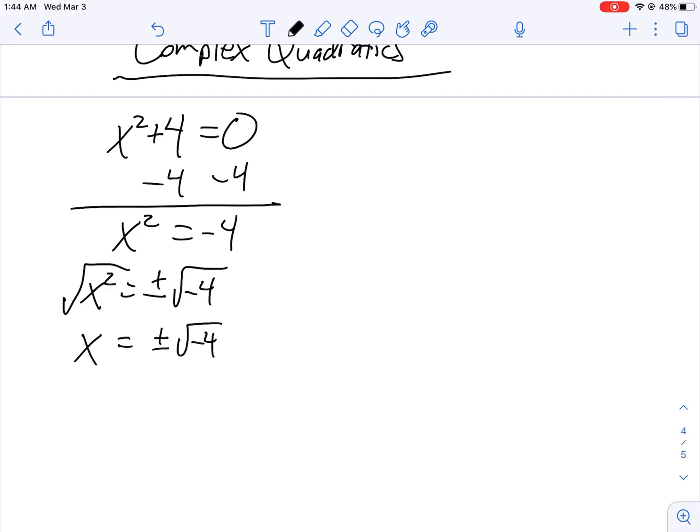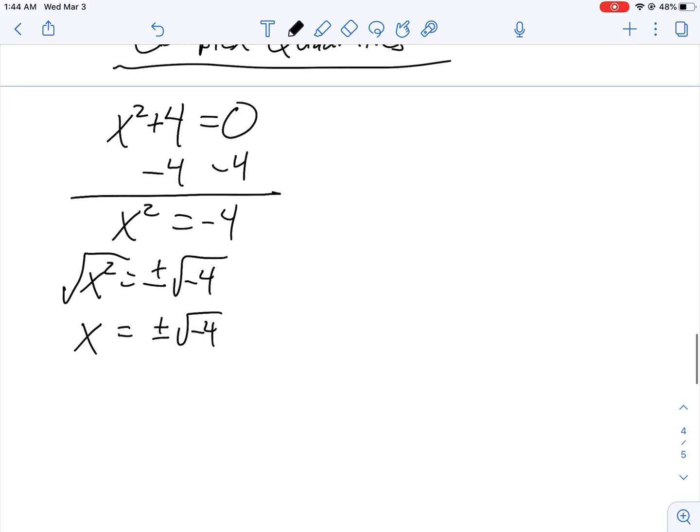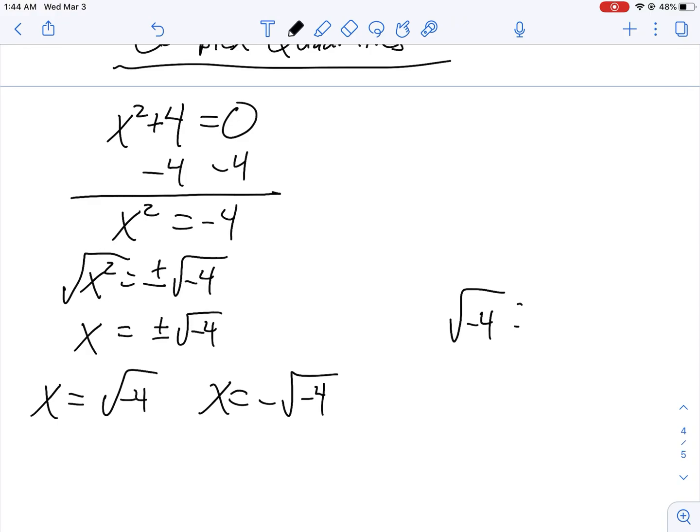Now, plus or minus negative 4, let's look at negative 4. We can split it now, or we can split it later. I like to split it now. x equals the positive square root of negative 4, x equals the negative square root of negative 4. Okay, the square root of negative 4, off to the side here. That's the square root of 4 times the square root of negative 1.